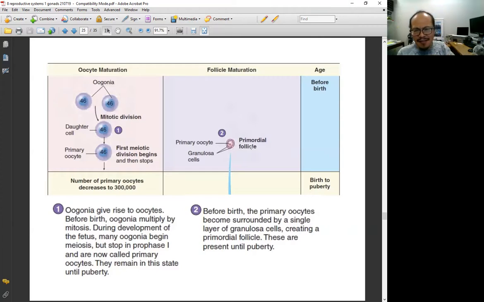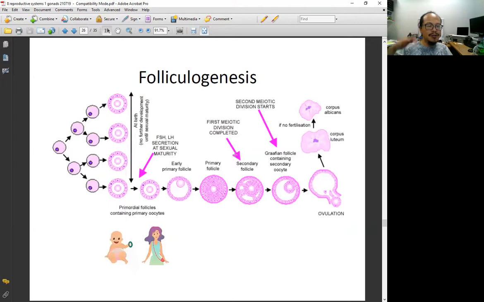So you may ask, what stimulates their next development? That will be puberty, right? And that will be the sex hormone. If the sex hormone reaches a threshold, the major ones will be FSH as well as LH. Then the primordial follicle will start to grow by the follicle stimulating hormone FSH, and the oocyte will then continue its meiosis.